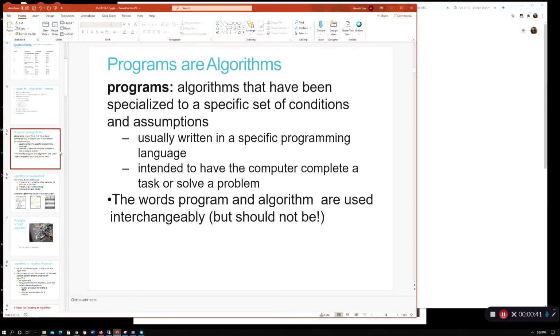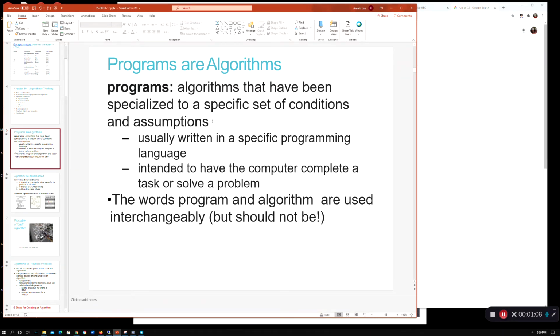Okay, so what's an algorithm? Or actually, I should say, what's a program? Probably would have done algorithm first and then program second, but we're starting off with programs. So programs, they're basically an implementation of an algorithm. So an algorithm could be a general thing to say, okay, this is how I'm going to make a cake, right?